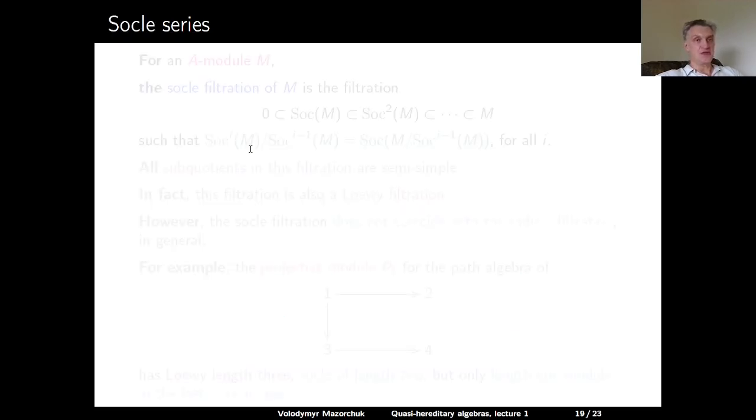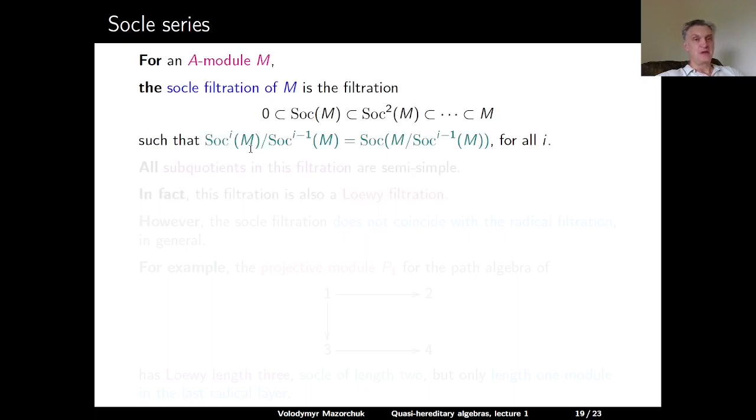Dually, we can consider the socle series of a module. For an A module M, the socle series of M is the following filtration. We start with 0, and then embed it into the socle of M, and then we embed it into the second socle of M. The second socle of M is defined as a submodule of M, such that factoring out the second socle over the first socle gives us exactly the socle of M modulo the first socle. And then we continue in a similar way.